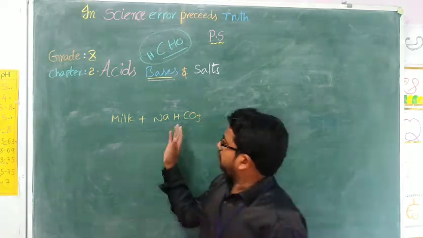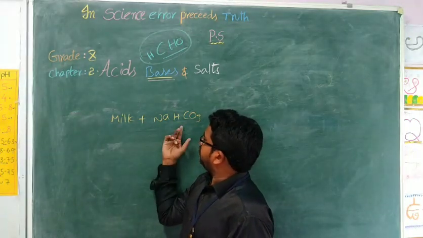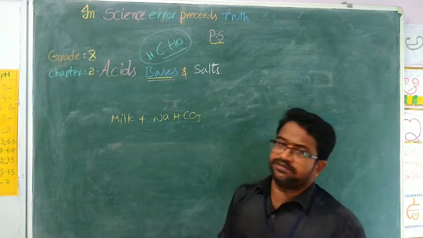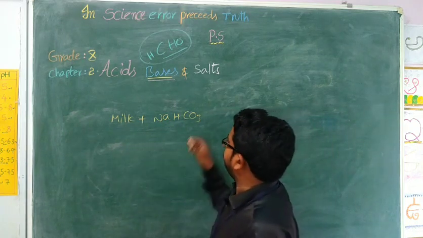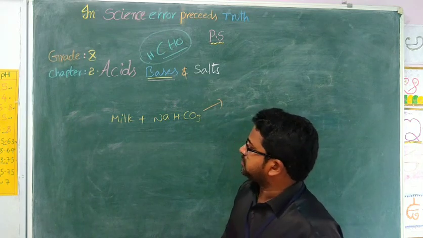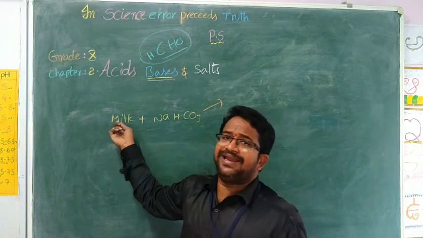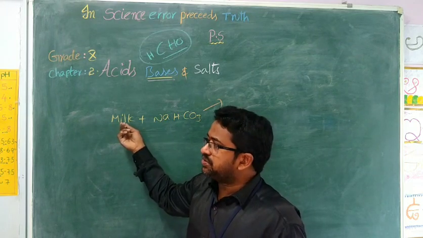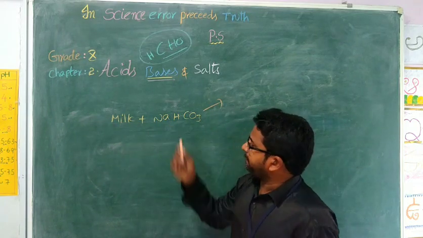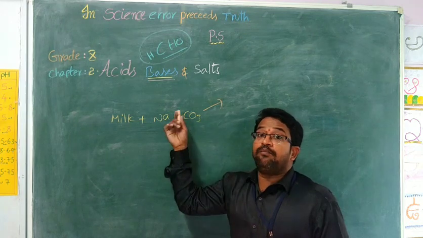After adding sodium bicarbonate to the milk, what happens to the pH value? Any guess? What is the acid present in milk? Lactic acid. To that acid, what did we add? Sodium bicarbonate.